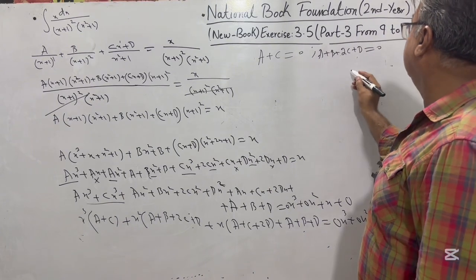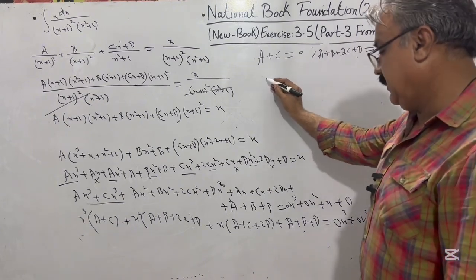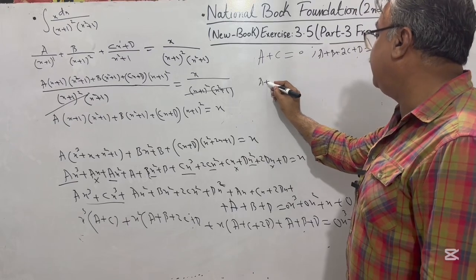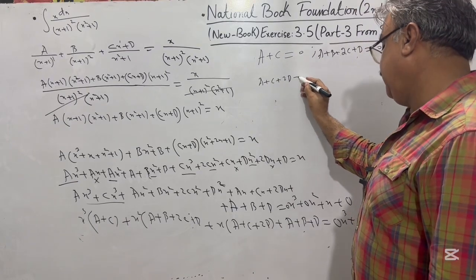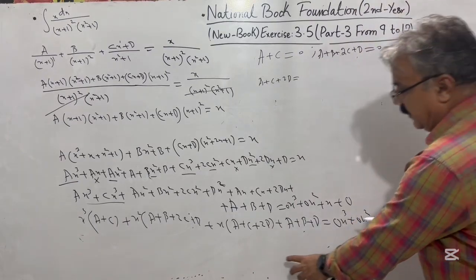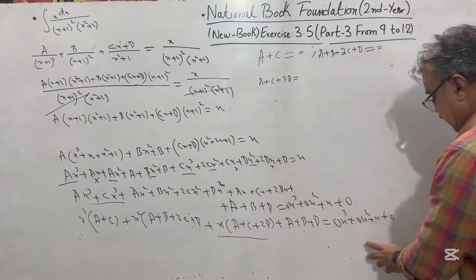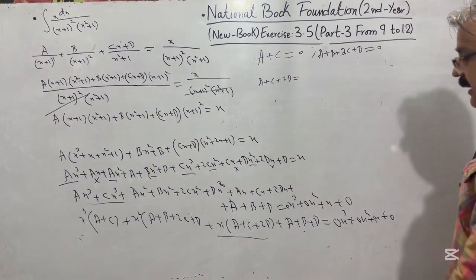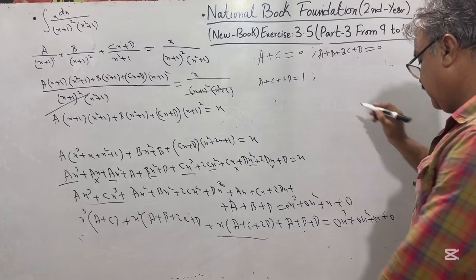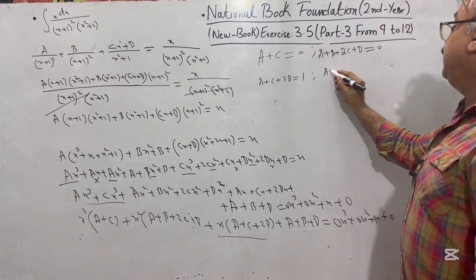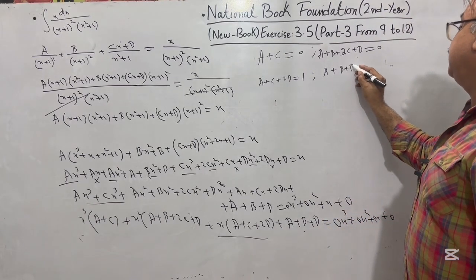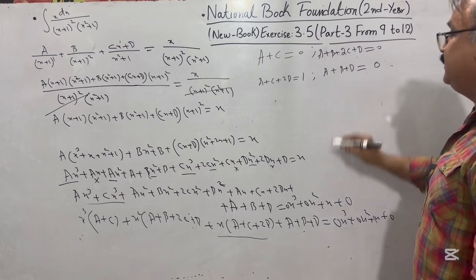That's equation number 2. Equation number 3: a plus c plus 2d is equal to 1, because here the coefficient of x is 1. What about the constants? A plus b plus d is equal to 0.